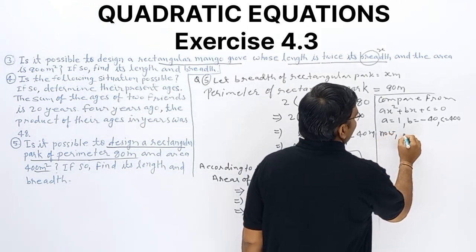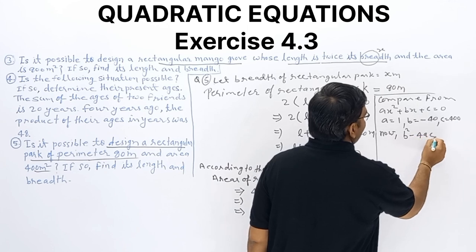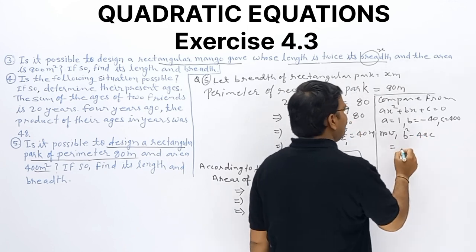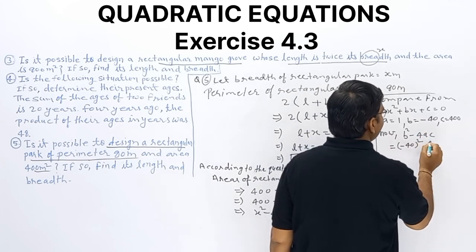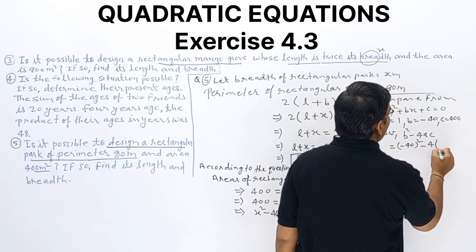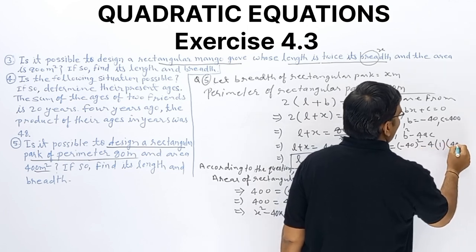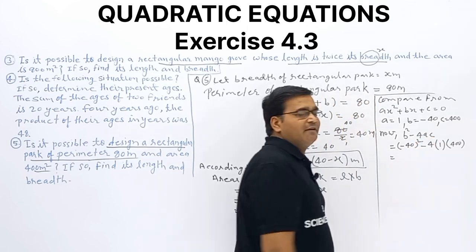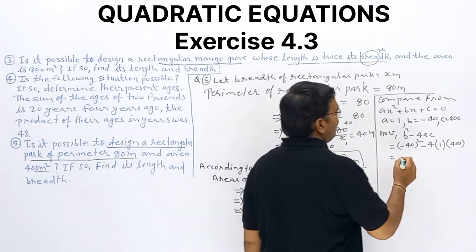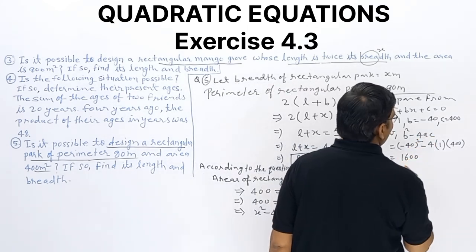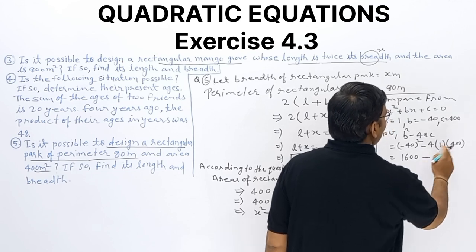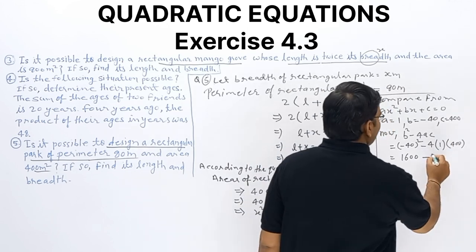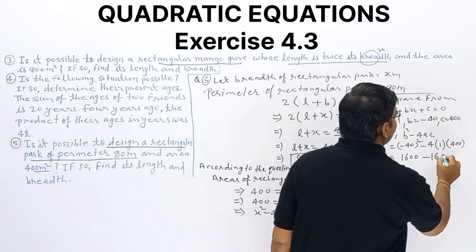Now b square minus 4ac. Solve. b is minus 40 square minus 4 times 1 into 400. 40 square is 1600, minus 4 times 400 is 1600.